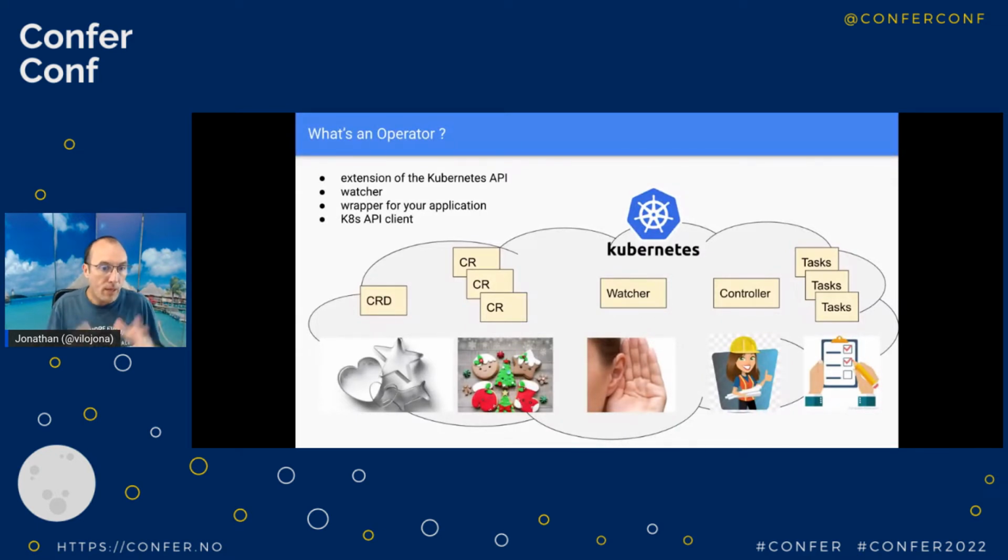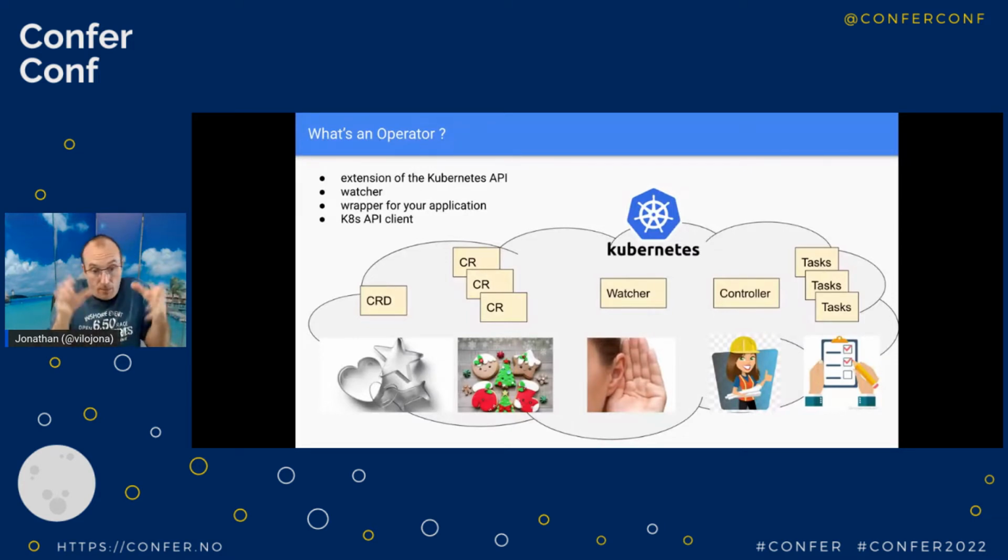An operator basically has all these steps, but let's focus first on the elements that are not basically the operator. When we have an application, let's imagine a pet store.